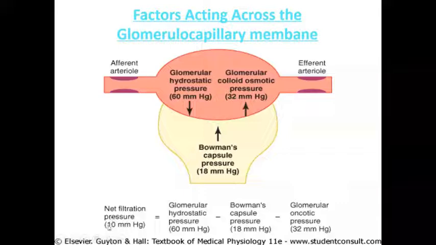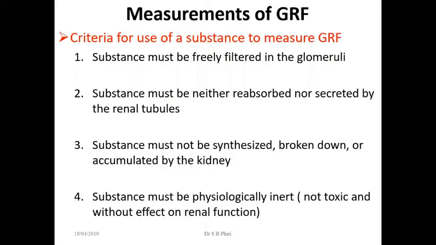The net filtration pressure is somewhere around 10 millimeters of mercury. This is what is facilitating the movement of fluids from the capillaries into the Bowman space across the filtration membrane here, and all those factors that I mentioned. Towards the end, I'll also discuss some more factors that will have an effect on the filtration membrane.